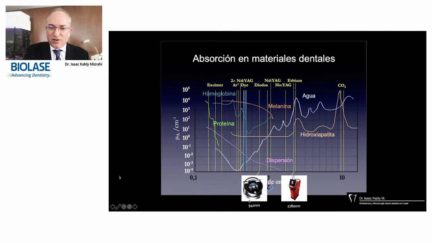And we have here the 940 nanometer laser interacting with some melanin and hemoglobin, and we can see this 2780 nanometer laser, erbium chromium YSGG, interacting with water, hydroxyapatite, and some OH minus groups, and so on. This is very, very important.